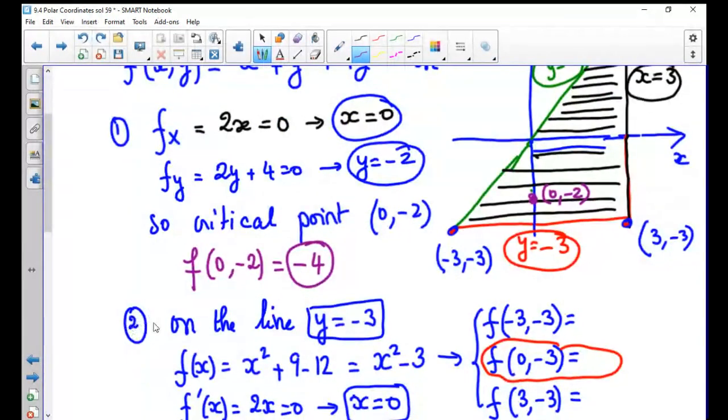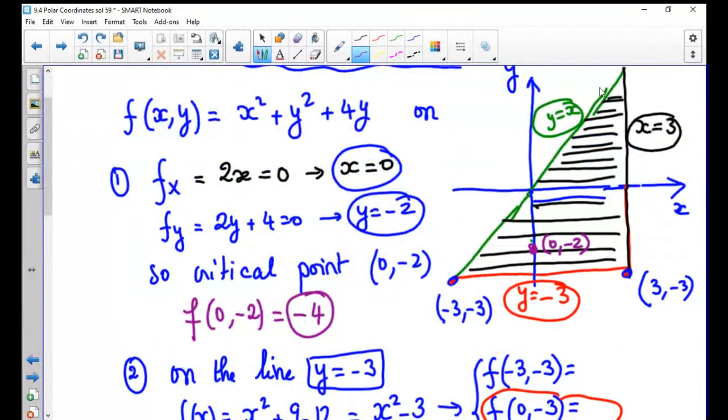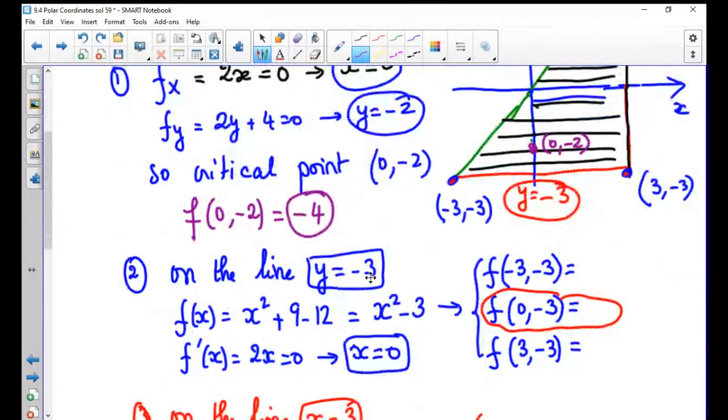Now, second step is you need to look now at what's happening on these lines, 1, 2, and 3. We can start with any one. Here I'm starting with the line y equal -3. Down here, y equal -3.